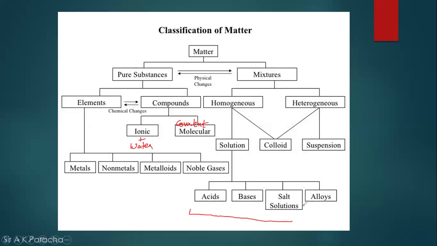When water is added, they are known as aqueous solutions. Alloys, on the other hand, are made up of metals. When a metal combines with another metal, they form alloys. We will discuss all these things in detail.